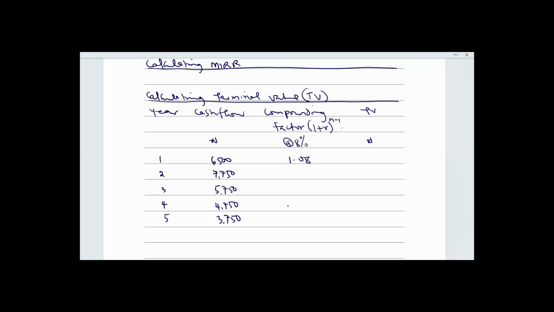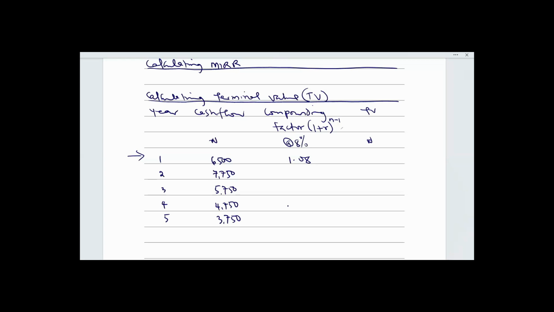Now, remember I told you that the assumption behind modified internal rate of return is that the cash flow generated by the project should be reinvested at the company cost of capital or reinvestment rate. So when you look at the cash flow of year one, before you can count 1 year, you would have counted 12 months. So the assumption is that all the cash flow will occur at the end of each year.